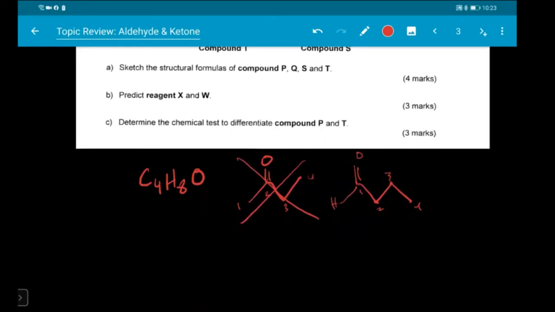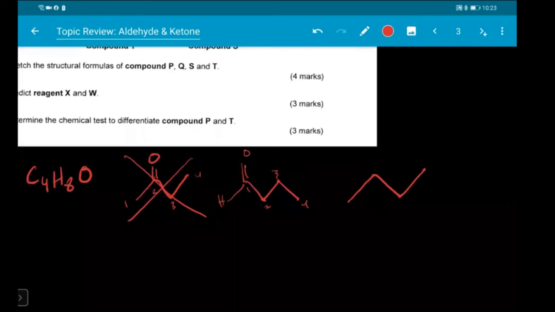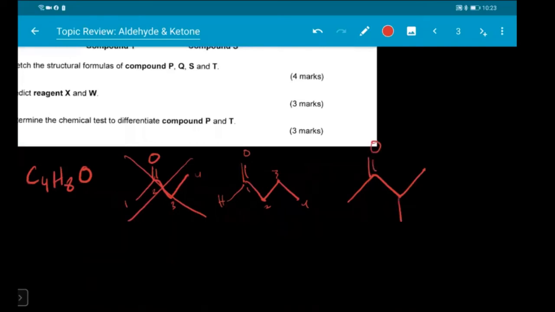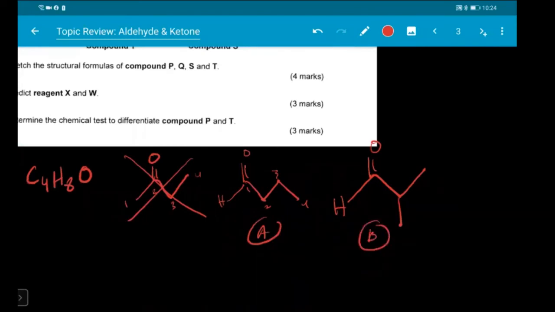Pasal if you draw the structure, there's only two possibilities. Satu adalah butanone, satu adalah butanal. Oh, ada lagi satu structure yang boleh dilukis adalah C double bond O and metal group here. Alright. So this can either be, katalah saya letak A ataupun B. Dua structure ni adalah possible.